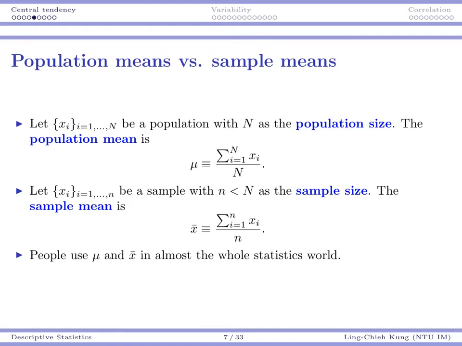If I have capital N values, I sum them up and divide by N. That's my population mean. For sample mean, that's actually the same idea, it's just that the notations are different. Starting from now, when we use mu, we are talking about the population mean. When we use X bar, we are talking about the sample mean in the whole statistics world.